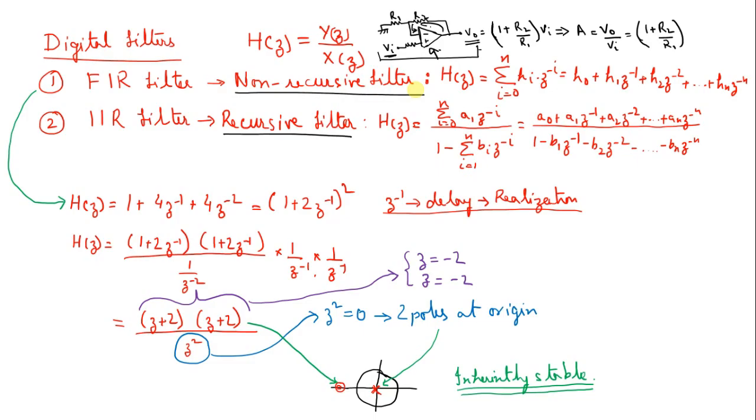Under practical considerations, when we try to design any kind of filter based on op amps, we are basically designing recursive filters, because we all know that op amps work within a specific range only when we have a feedback loop. If there is an open loop configuration, then what would be the output?